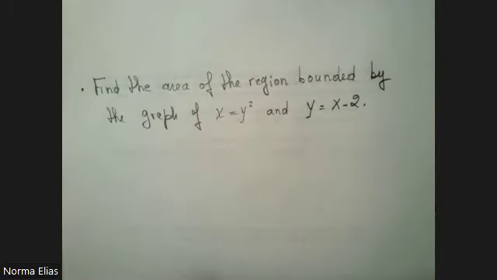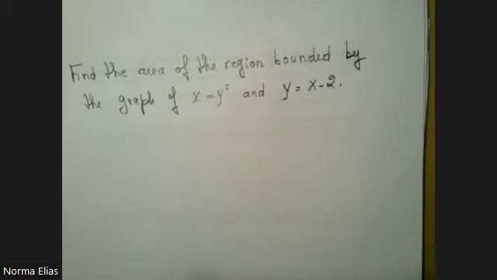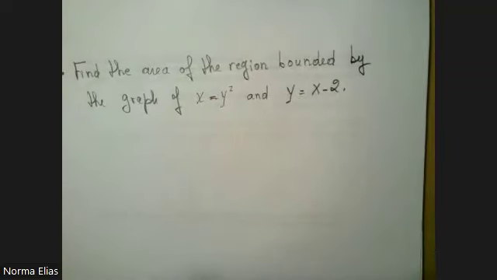Okay, so find the area of the region bounded by the graph of x equal y squared, to be very careful here, what I'm giving you, and y equal x minus 2.